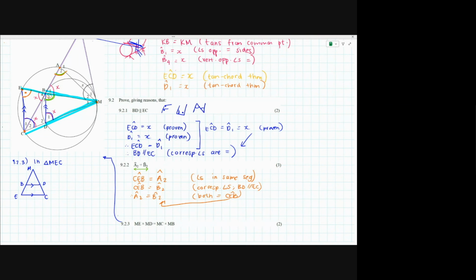We've got the line parallel. So we know that, and obviously you could set up several different ratios, but we want to set up the ratio that works with these sides.